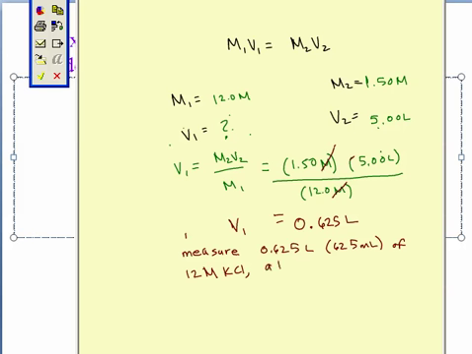And once I have that, I'm going to add enough water to get 5 liters. So we would measure 625 milliliters of my 12 molar solution, a small volume of high concentration, and then I'm going to add water to it to dilute it to get my new, lower concentration of 1.5 molar, and a higher volume, 5 liters.